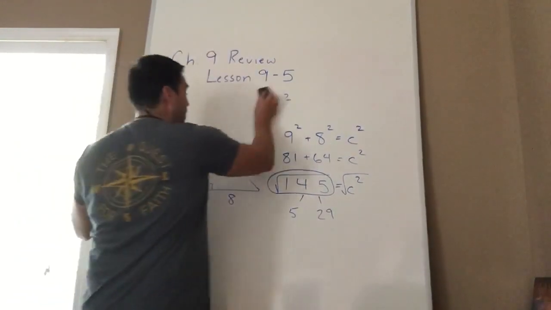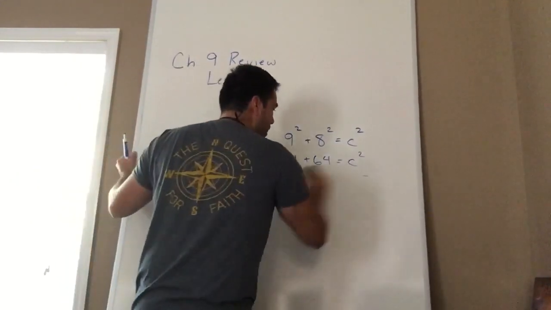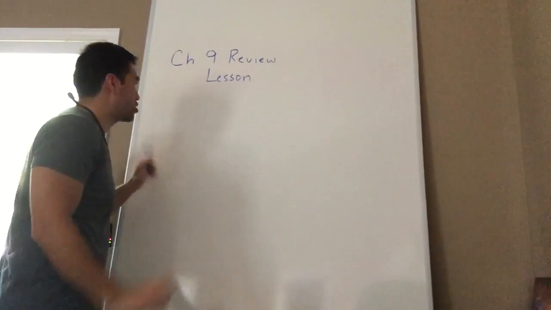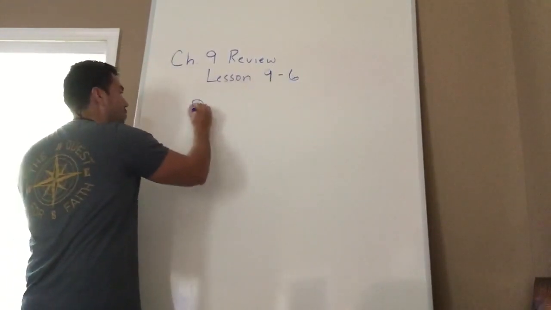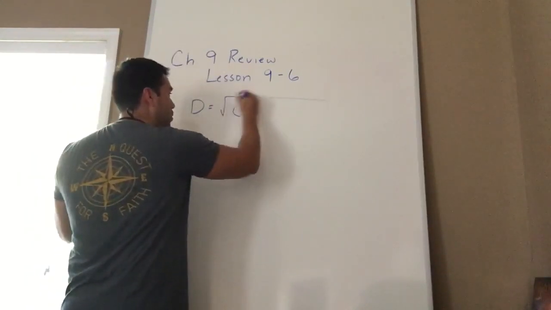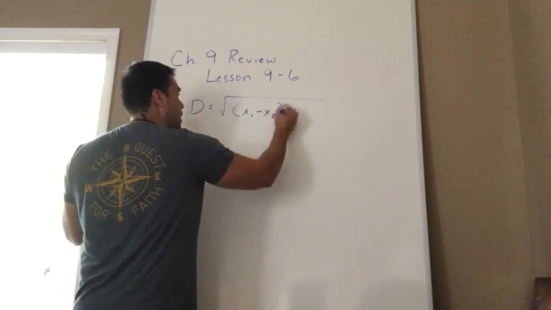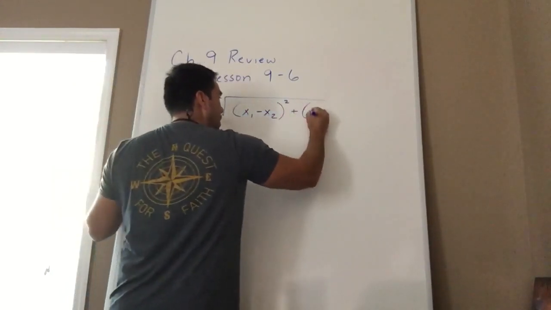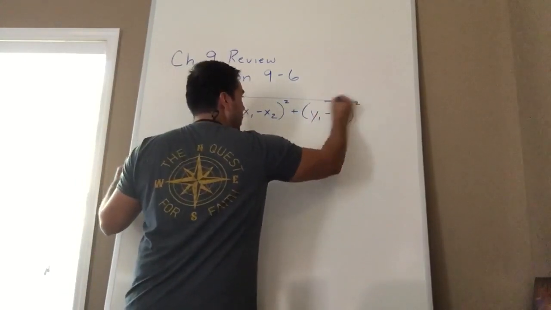Okay, and then the last lesson is going to deal with the distance formula, and that's coming from 9-6. So that distance formula that you need to memorize is the square root of x sub 1 minus x sub 2 squared plus y sub 1 minus y sub 2 squared.